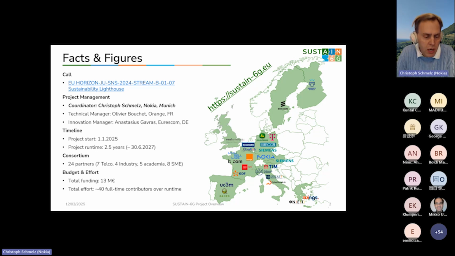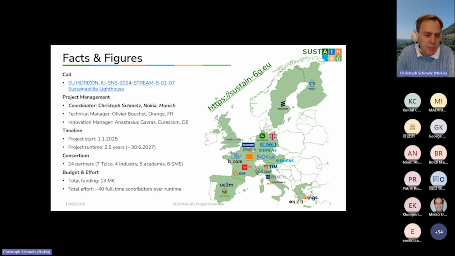The project will run for 2.5 years, so till the middle of 2027. And compared to what we have just heard from Emilio, we are not halfway, but just at the very beginning, with a consortium of overall 24 partner organizations from 10 European countries.